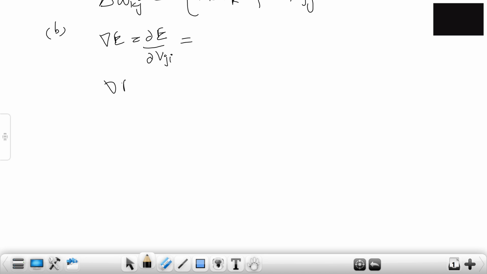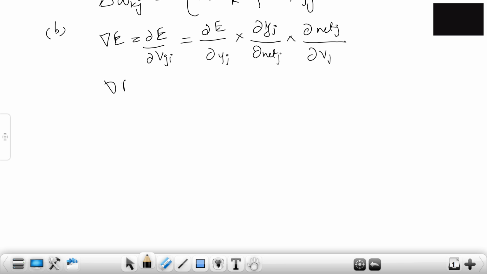By chain rule we can write this as ∂E upon ∂net_j... sorry, ∂E upon ∂y_j, into ∂y_j upon ∂net_j, into ∂net_j upon ∂v_ji.